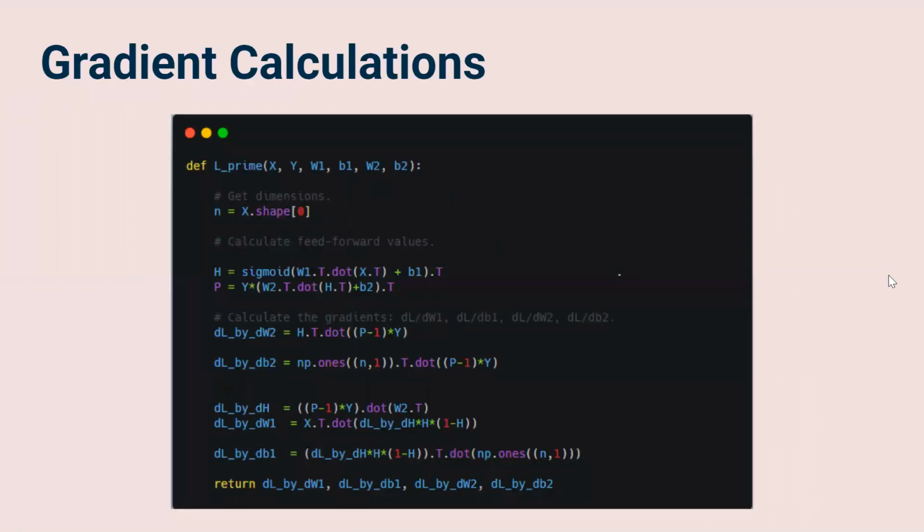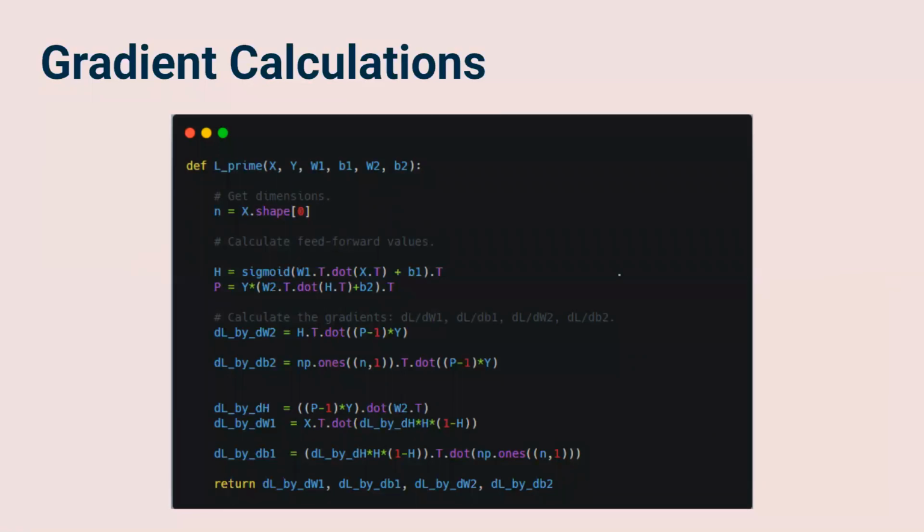So L prime is just calculating the gradients. Just a key distinction: when they say backpropagation, they still mean the calculation of the gradients, and gradient descent usually refers to what is being updated. So whether you use backpropagation or not, the weights will always be updated in any model training process.